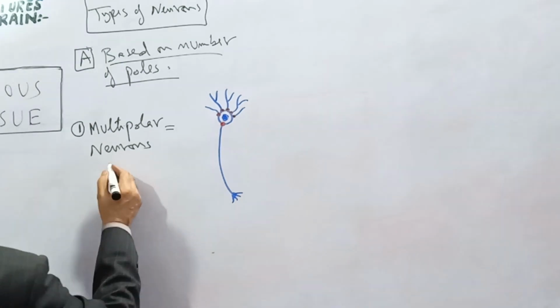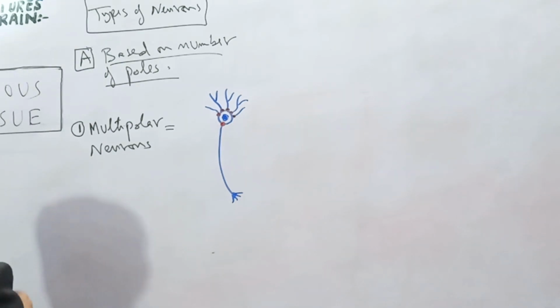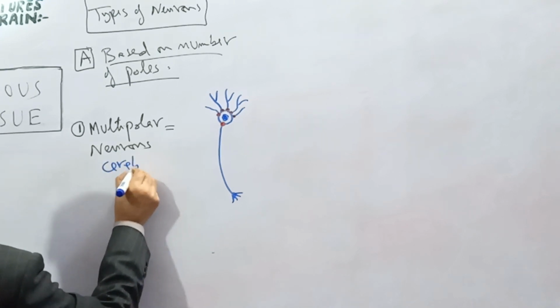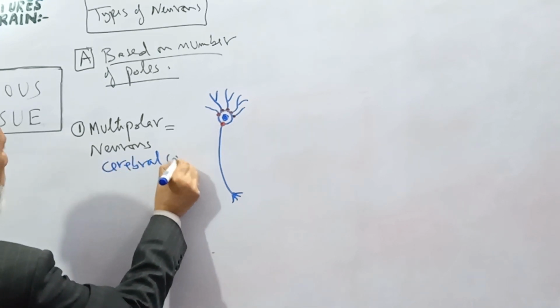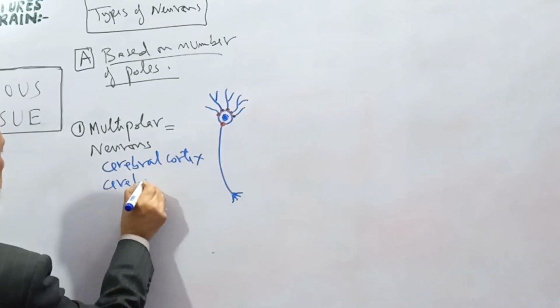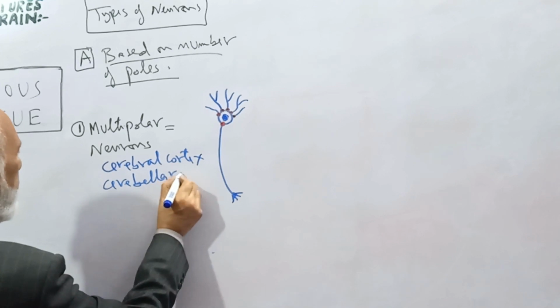These are found in the cerebral cortex, the gray matter of the cerebrum, the cerebellar cortex.